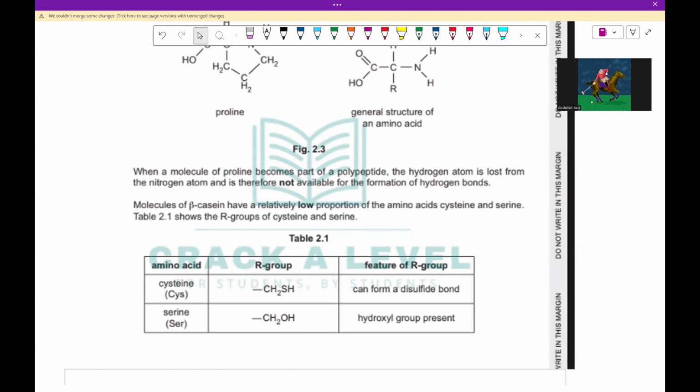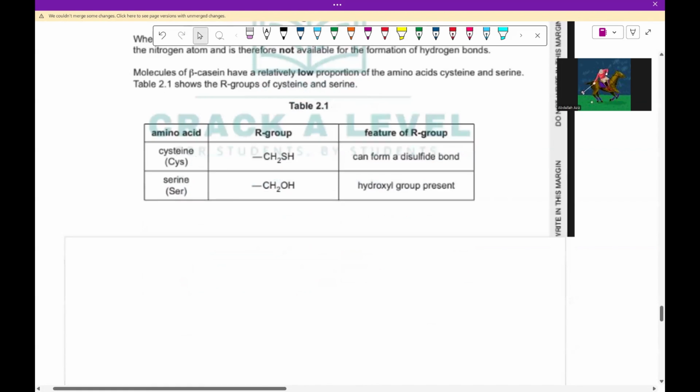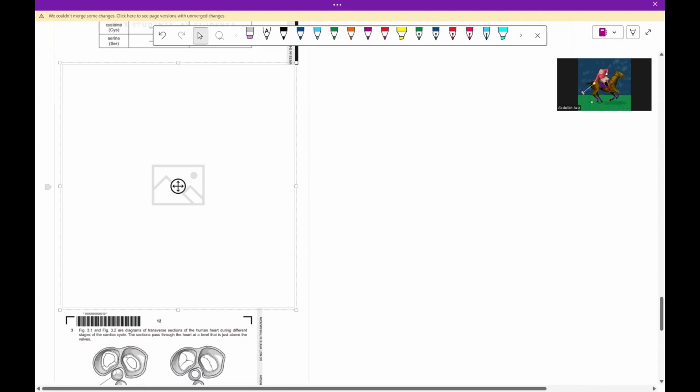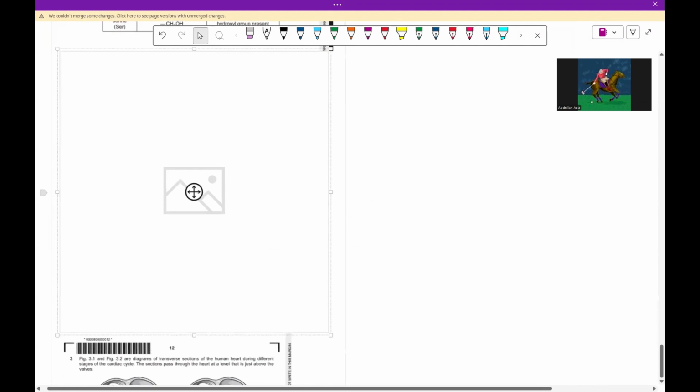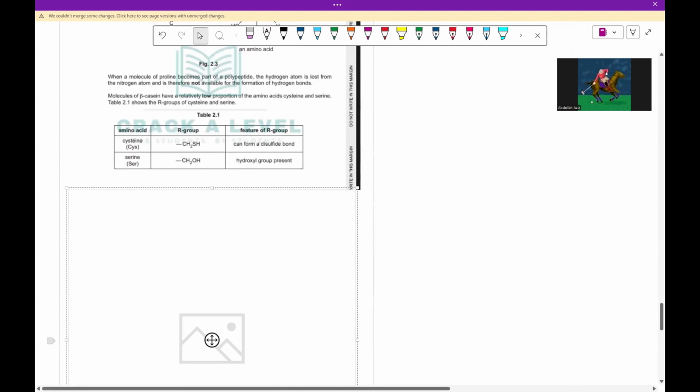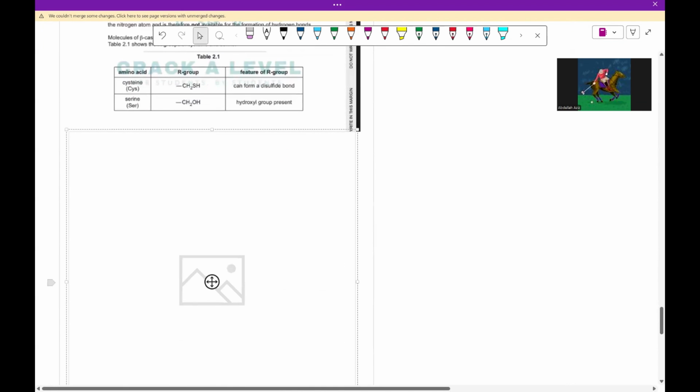Let me check what's the issue. Yeah, it's not loaded.